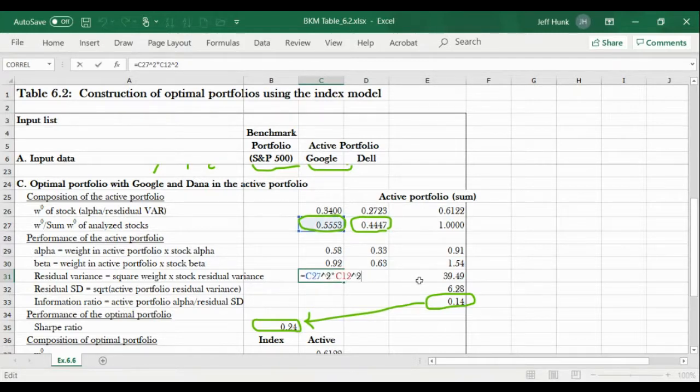Okay. And then weighted sum. And now the residual standard deviation is the square root of that. So square root, raised to the half power is square root, right?